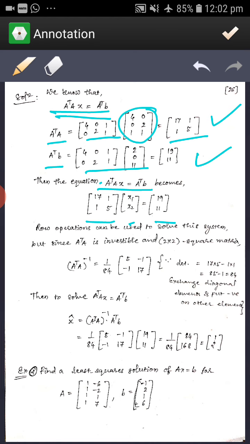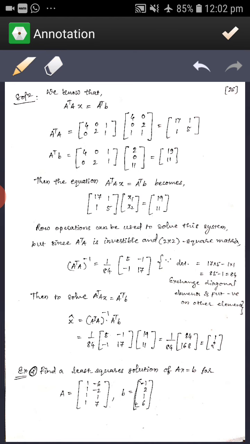As A transpose A is a square matrix, we need to observe the pattern, so directly we can write the inverse.